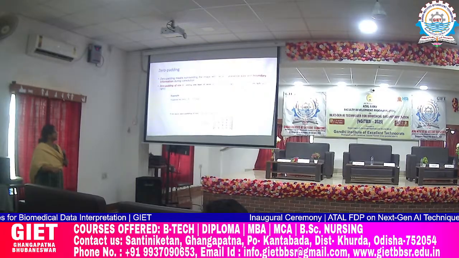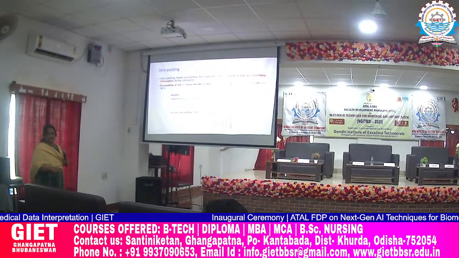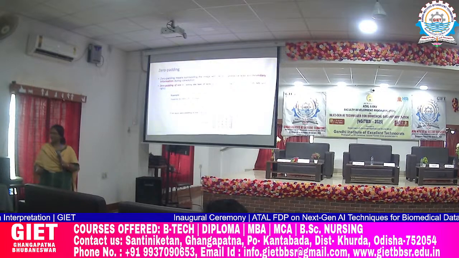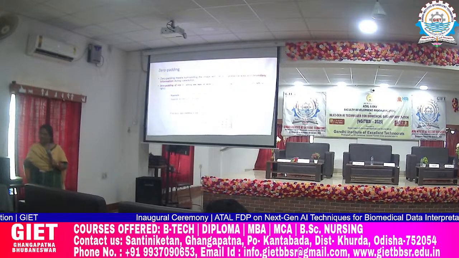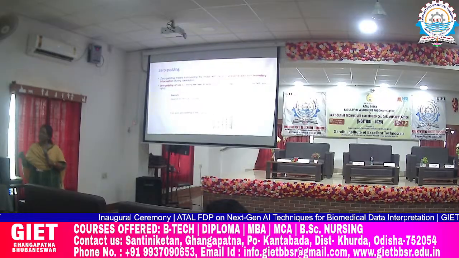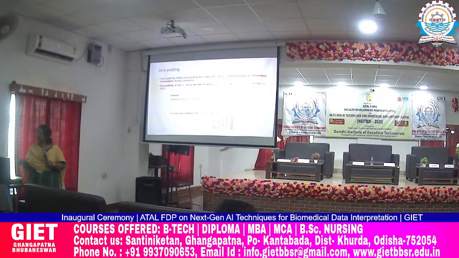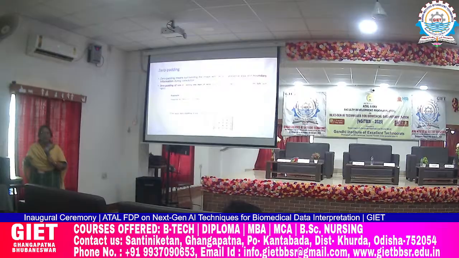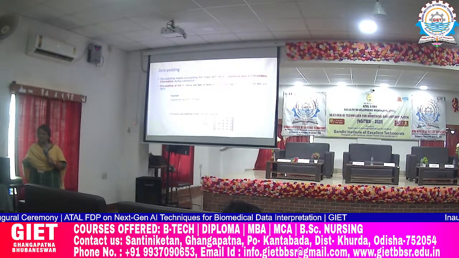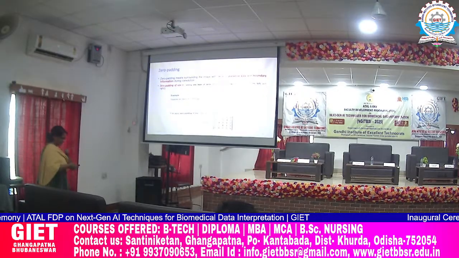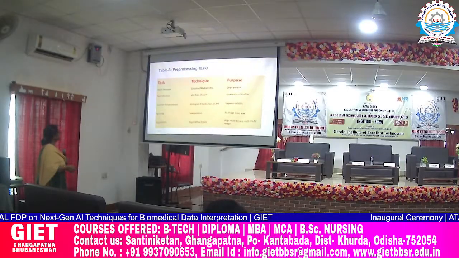Here how much? 5 rows and 5 columns. Getting my point? So in CNN, it is better to use the padding to preserve the information in your image. Yes or no? So this is the zero padding.